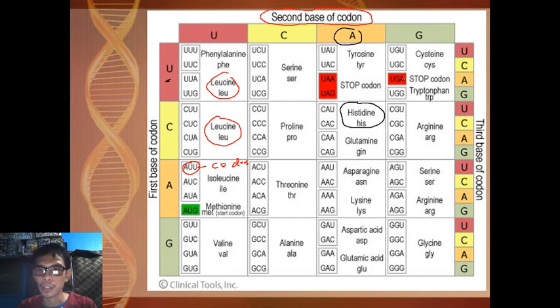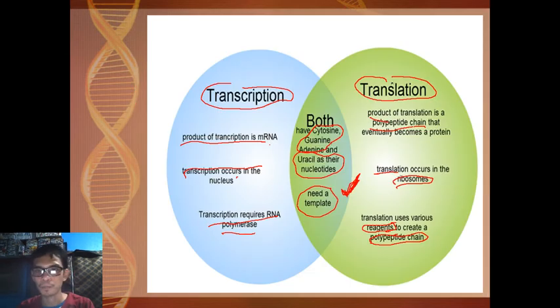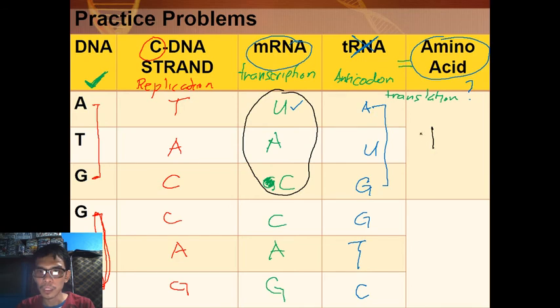And the third letter is C. So UAC. So that is tyrosine. We call it TYR. So just put the 3-letter abbreviation for that amino acid there. So we have TYR, or tyrosine.